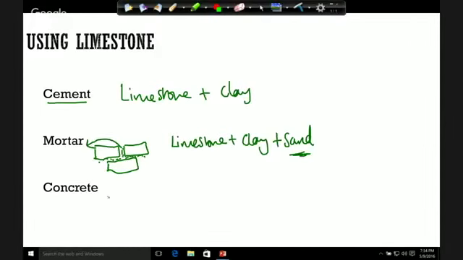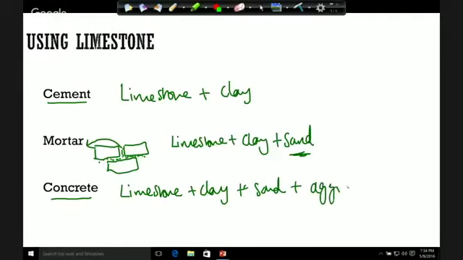And then finally, concrete. This is the really strong product that you make. To do that, you've got one step up. You have the limestone and the clay and the sand as well, and the aggregate. Aggregate are small stones and gravelly bits to make that concrete really hard.